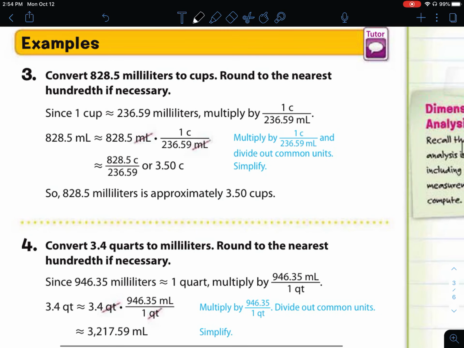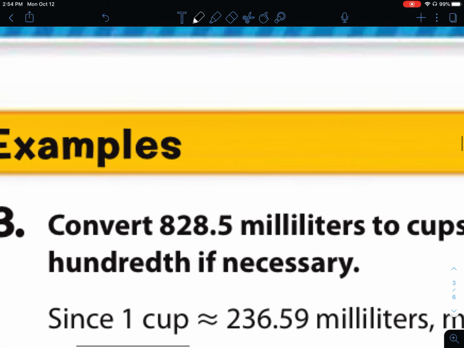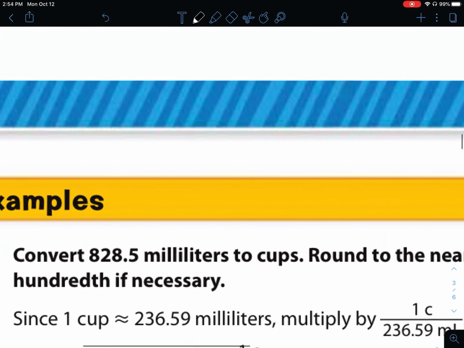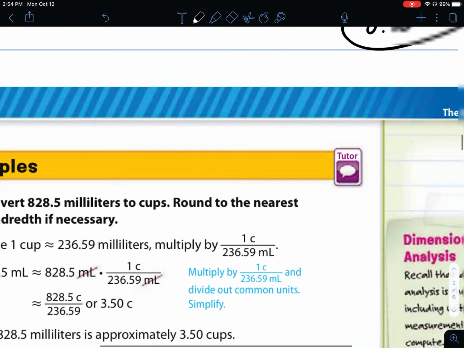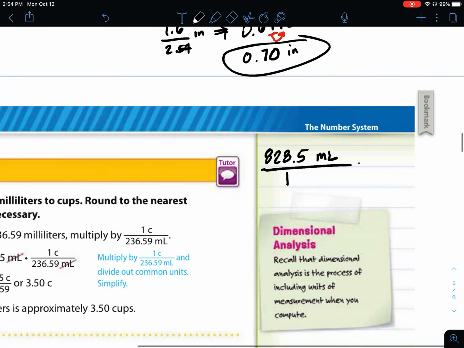Okay, let's do example number 3. We want to convert 828.5 milliliters to cups. Again, we are asked to round to the nearest hundredth when necessary. So what I'm going to do is write down 828.5 over 1, and I'm going to write milliliters here.